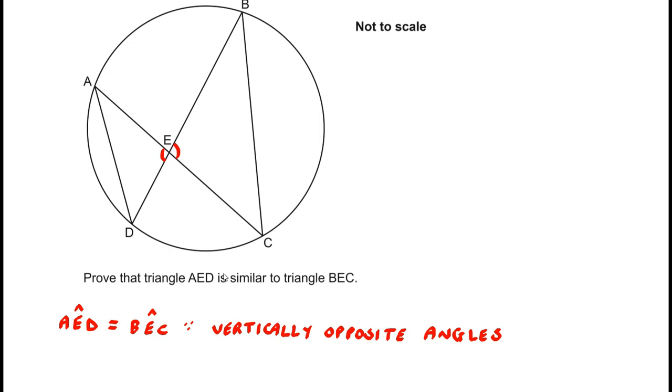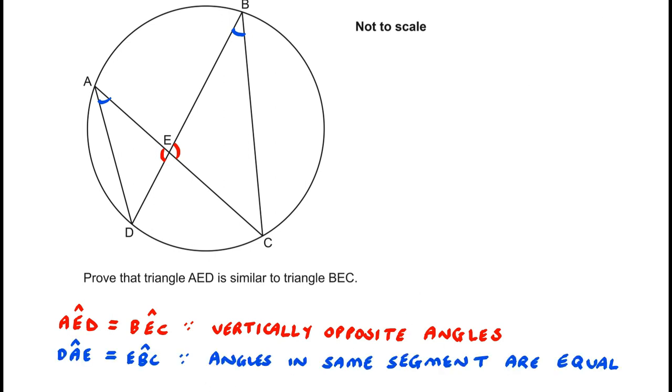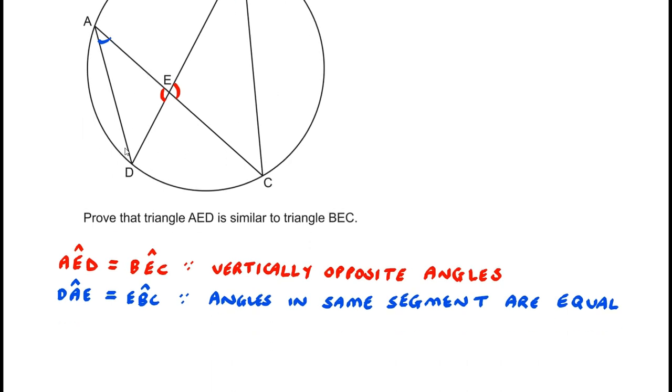Now, if we think about what else is the same, well, we've got the angle DAE, that's this angle here, and that will equal the angle EBC, that's this angle here. So the reason they are the same is because angles in the same segment are equal. And also this angle here will also equal this angle here.